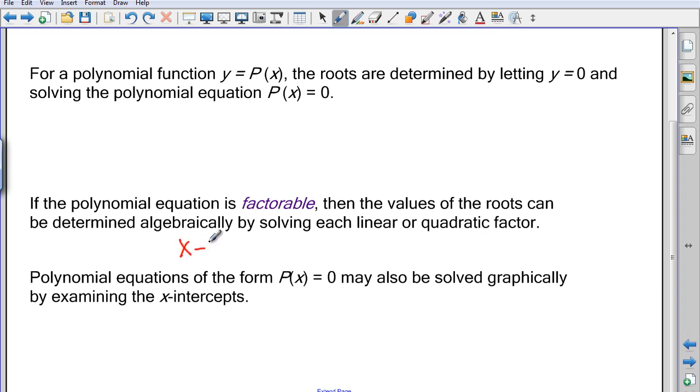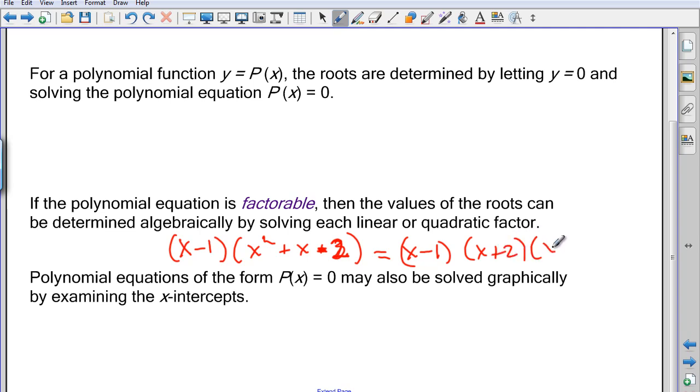So if you were to recognize or find through long division that x minus 1 is a factor of a larger polynomial and you ended up with a quadratic, let's make that x squared plus x minus 2, then you could factor that quadratic one more step to become x plus 2, x minus 1.